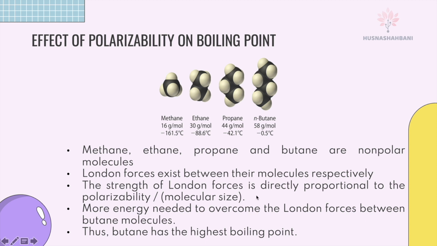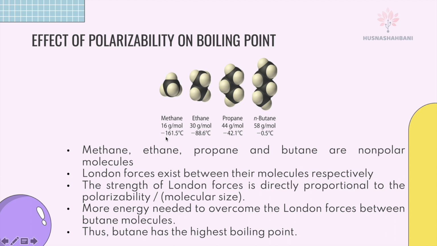The strength of London forces is directly proportional to the polarizability, meaning n-butane has the strongest London force because it is the biggest molecule. More energy is needed to overcome the London forces between butane molecules. So if you look at the boiling point, it's negative 0.5 for n-butane.